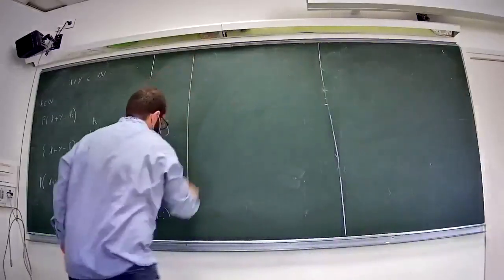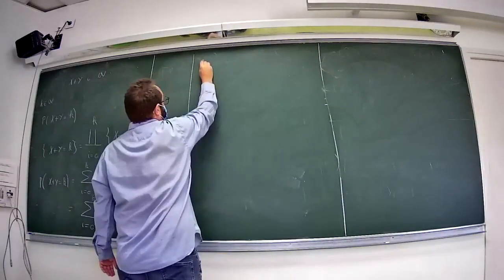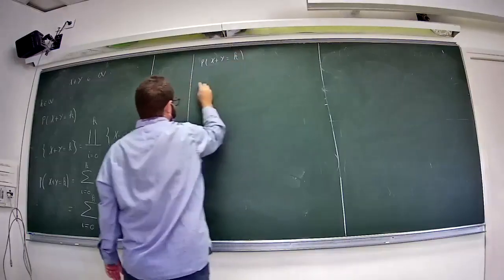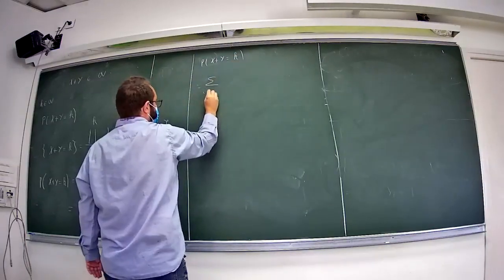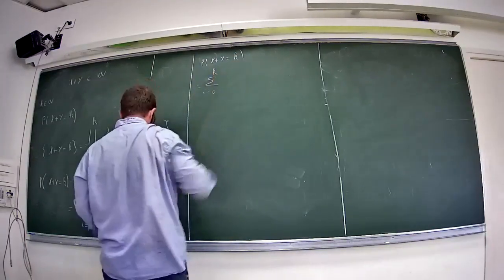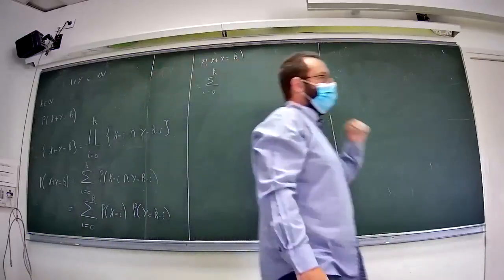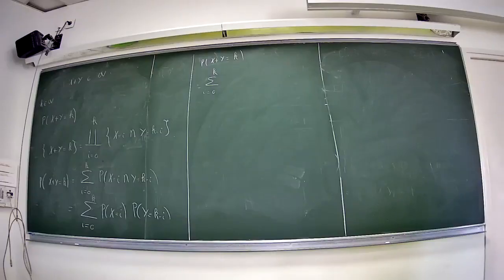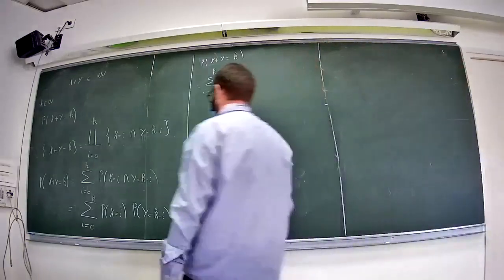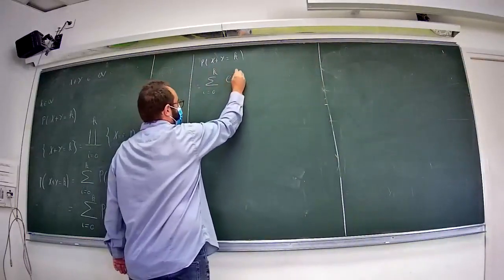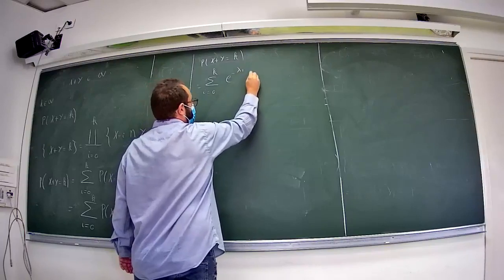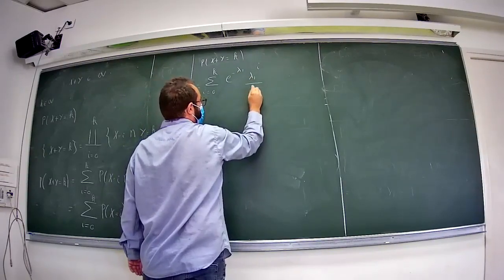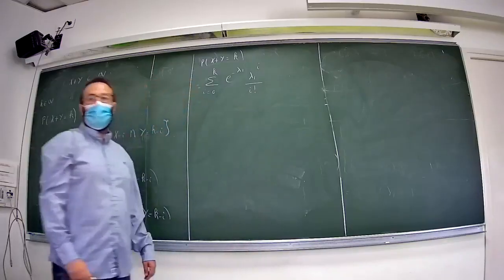So I continue my computation here, and the probability that x plus y is equal to k can be written as, so the probability that x is equal to i is equal to what? X follows the Poisson of parameter lambda 1. So I have exponential minus lambda 1 to the power i over i factorial.